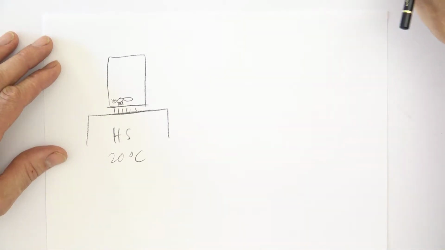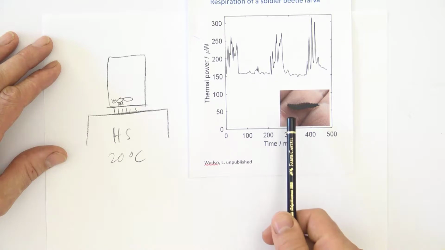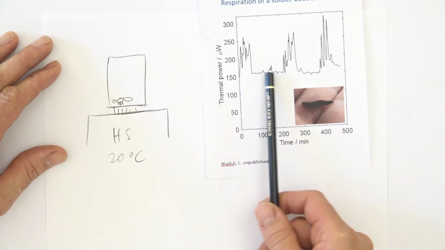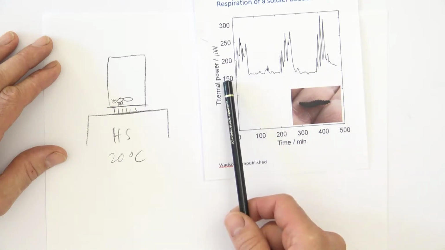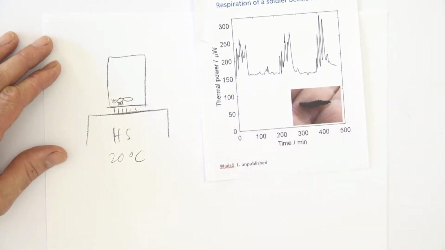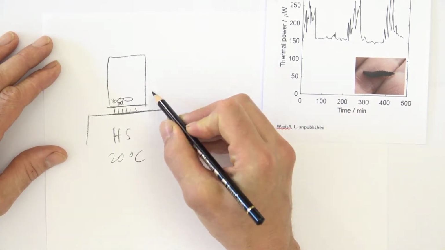And then the result can look like this, where we have a soldier beetle larva in this case, and the resting metabolism generates a thermal power of approximately 150 microwatts.